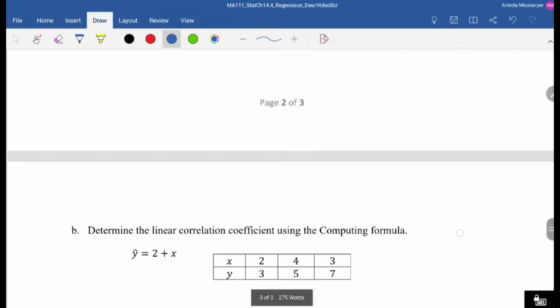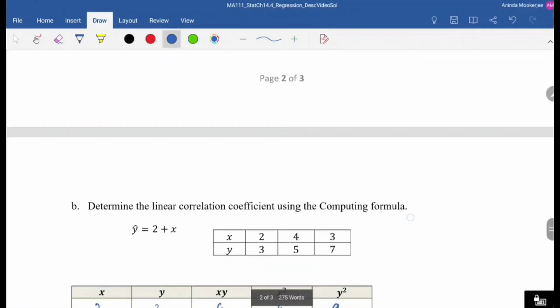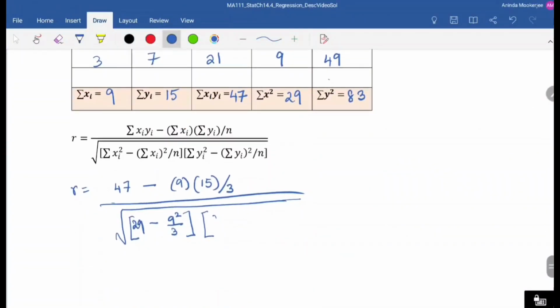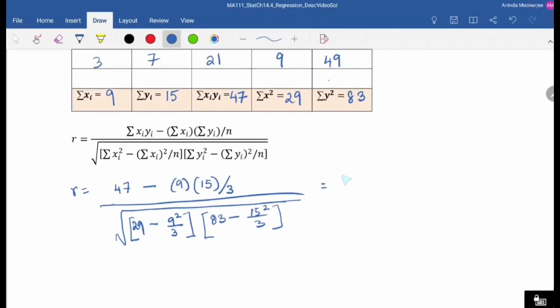All right. So 29 minus 9 squared divided by 3 should give us a value of 2. It should match what we found using the defining formula. That's what I was wondering about. Okay, so for sigma y squared, it's 83 minus sigma y whole squared, 15 squared, divided by 3. In the numerator we have 47 minus 135 divided by 3, since 9 times 15 is 135.